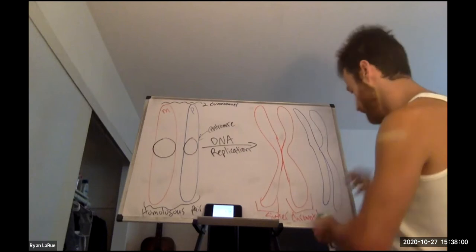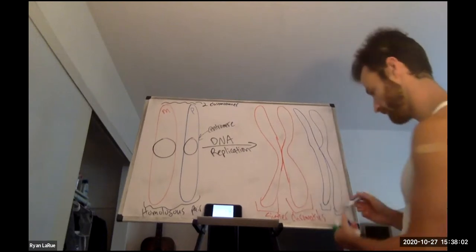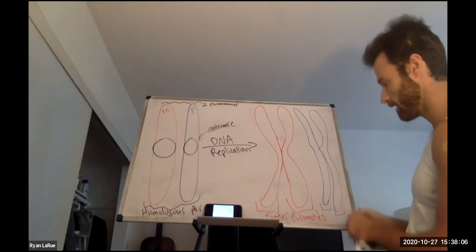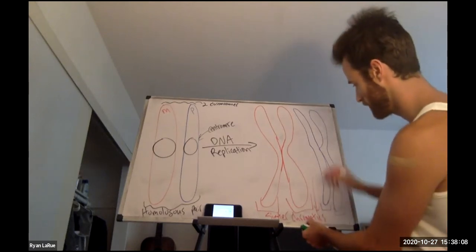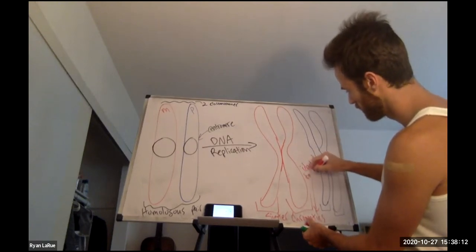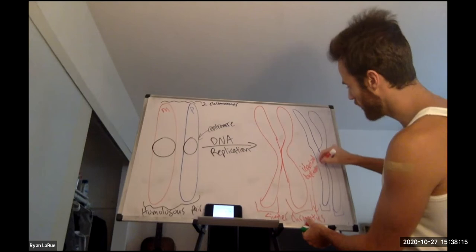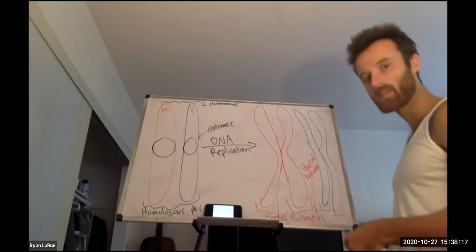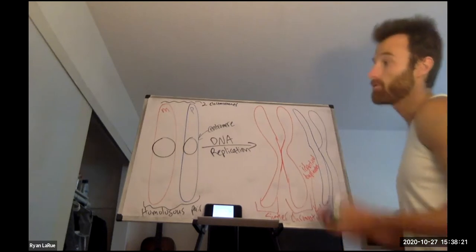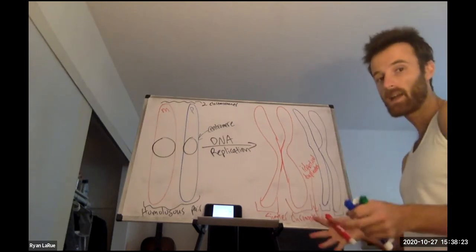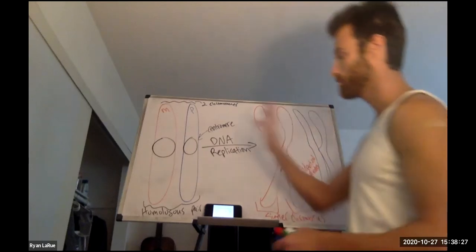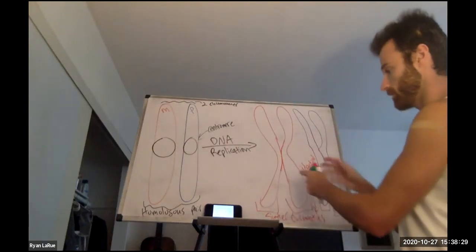Sister chromatids are identical duplicates. Like I said, I have not added or taken away any DNA that's different. So I can't say I took away a chromosome or added chromosomes. We just went from single-stranded chromosomes to double-stranded.